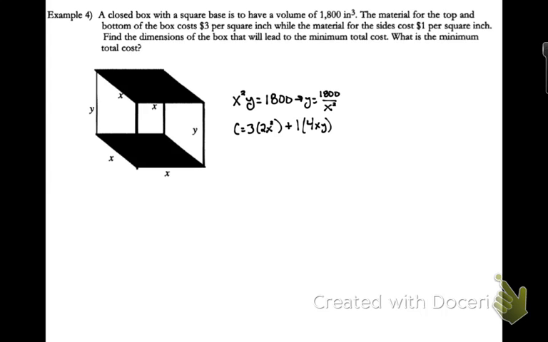Cleaning this cost function up and putting it in terms of x, our function is 6x squared plus 7,200 over x. Since we would like to find the minimum cost, we need to find the derivative of this function, and that will be 12x minus 7,200 over x squared.